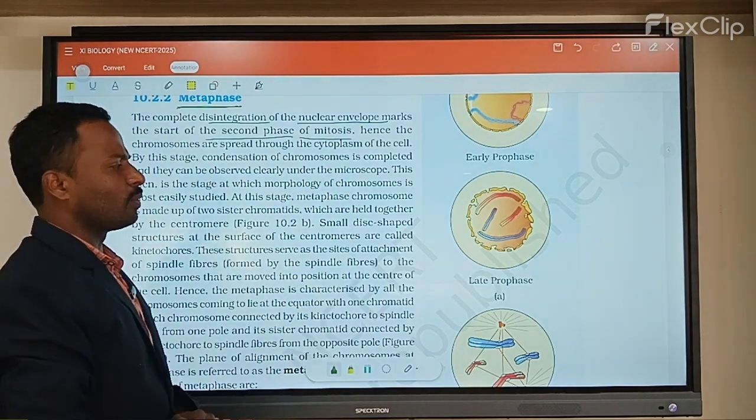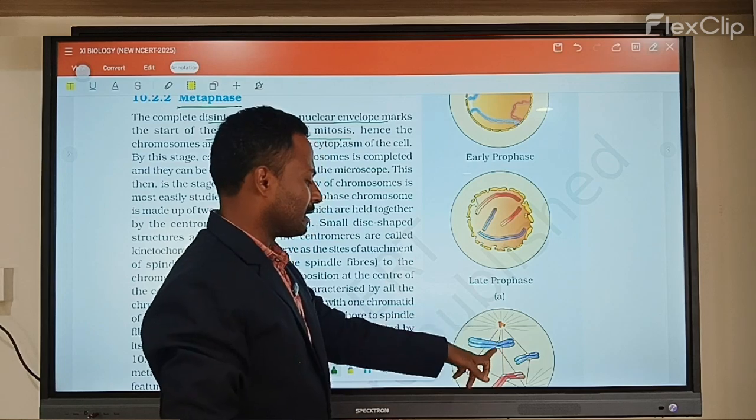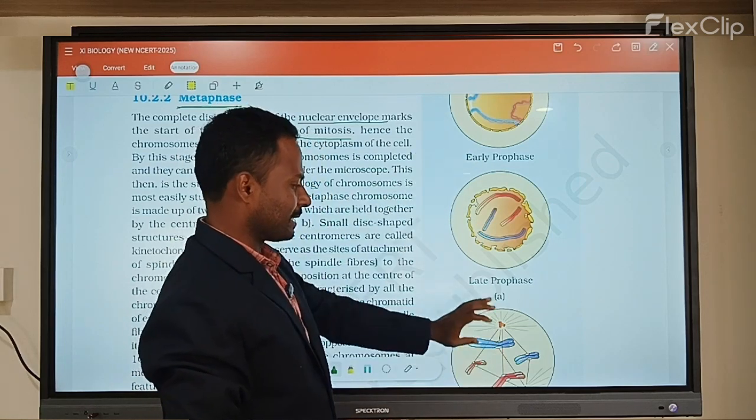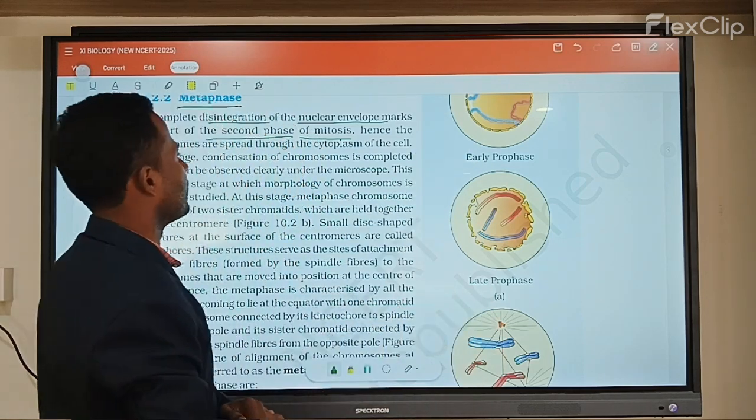So in this phase, after the prophase, the second stage is M phase, the metaphase.